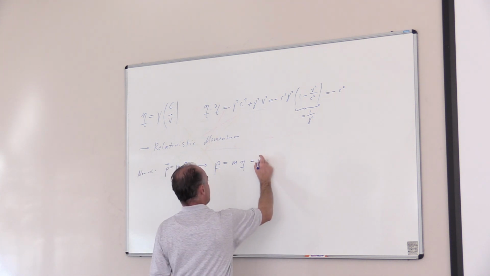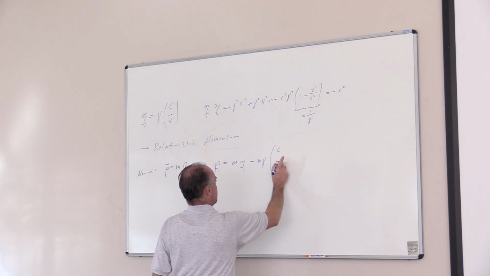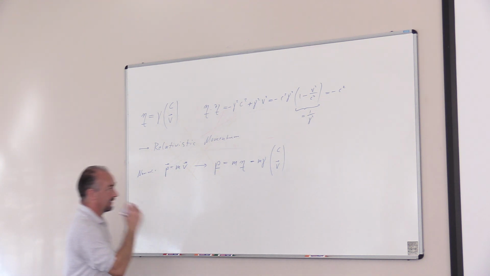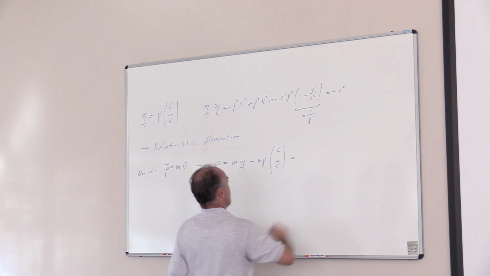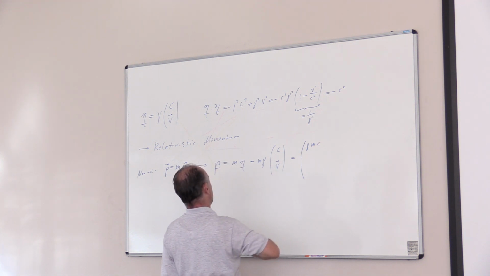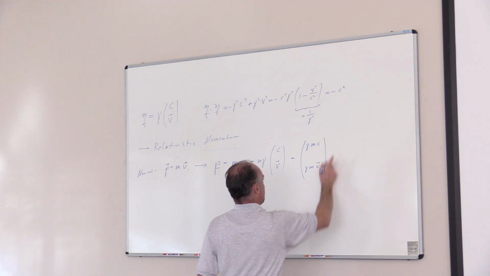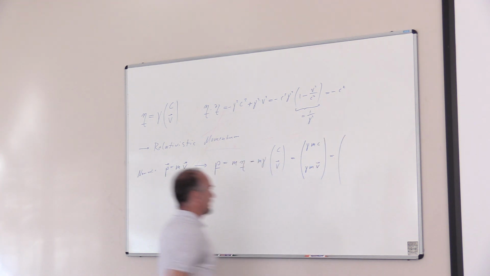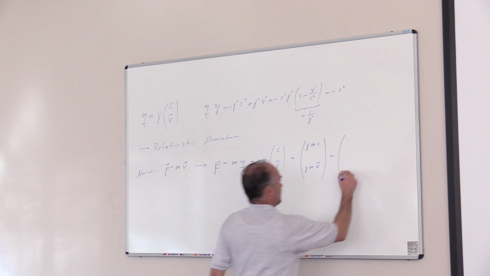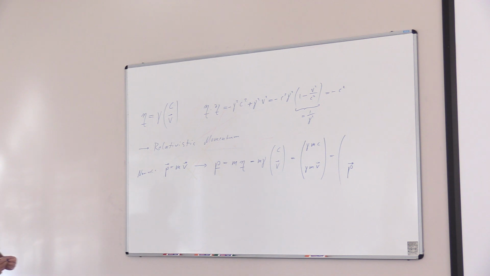That is mass times gamma times c and the three-velocity. So we can write this as gamma mc and the three-vector.